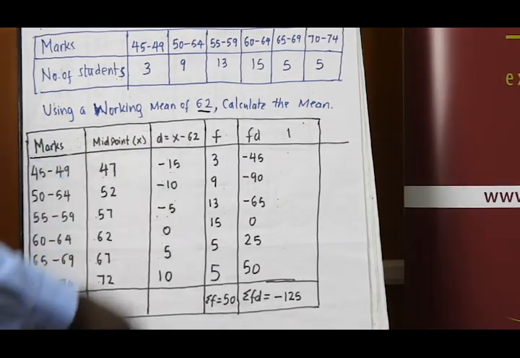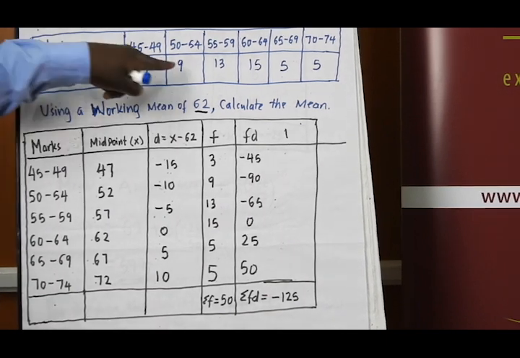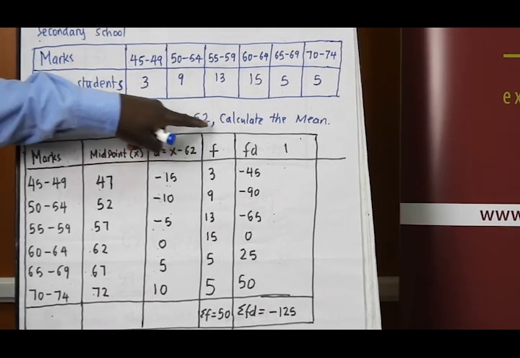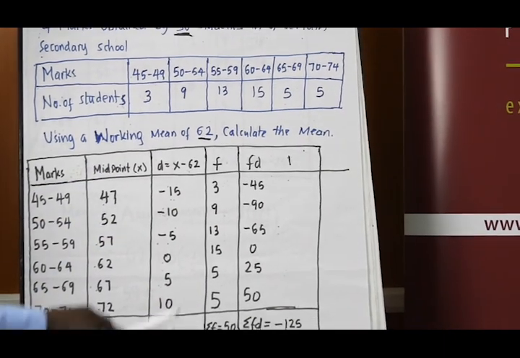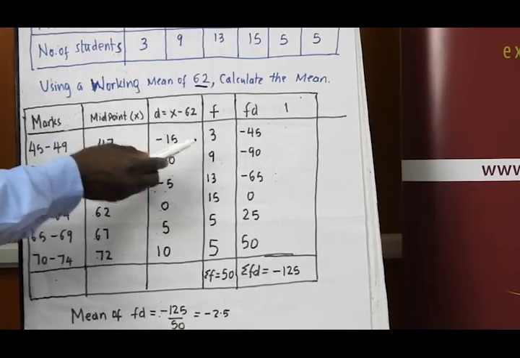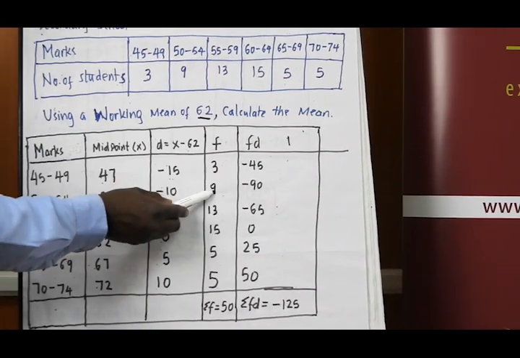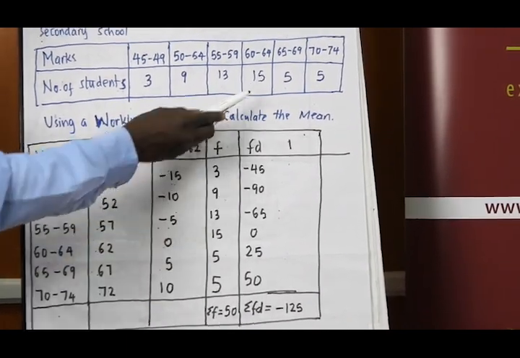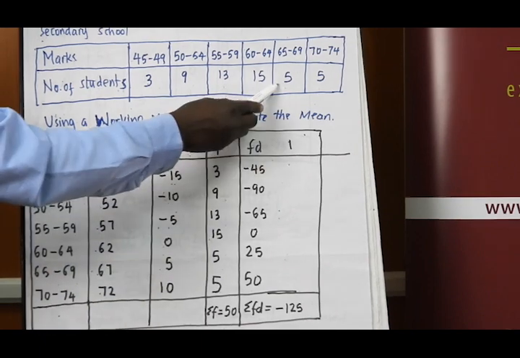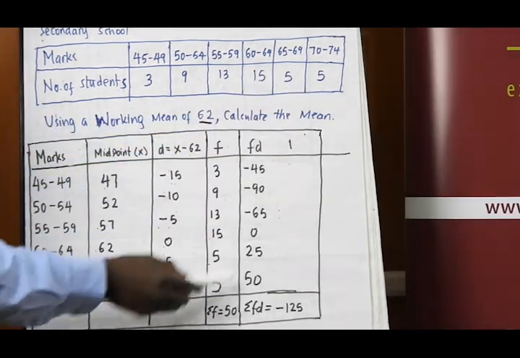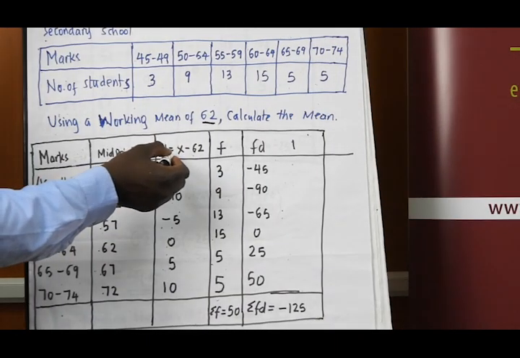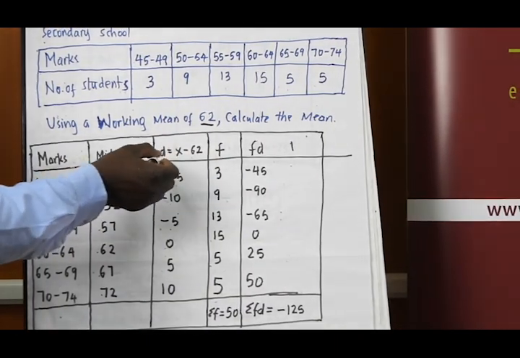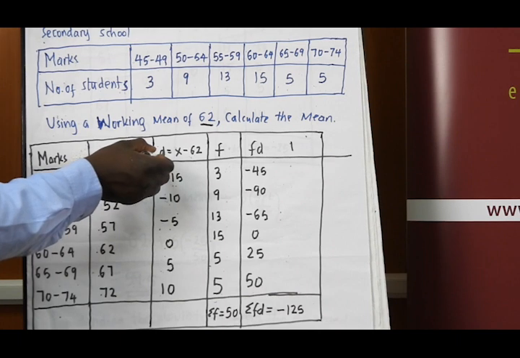Once we have the deviations, then in this case we have frequency. Just like the previous case, we register the frequencies as our fourth column. So the frequency for 45 to 49 is 3, followed by 9, followed by 13, followed by 15, followed by 5, and then lastly 5. After that, we multiply the frequencies times the deviations from the assumed mean.